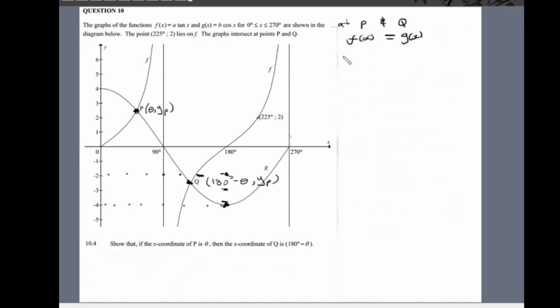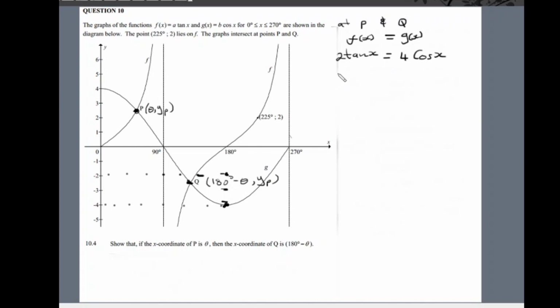Now f of x is 2 tan x and g of x is 4 cos x, right?